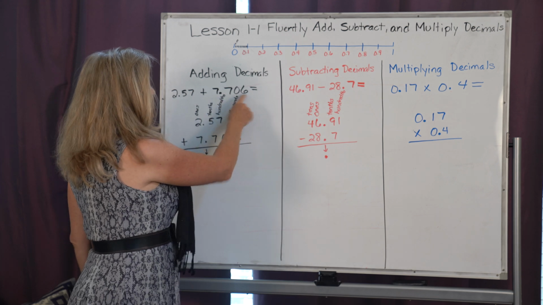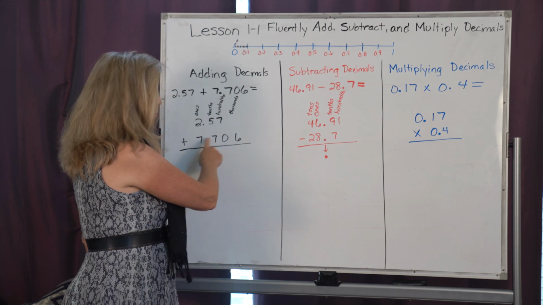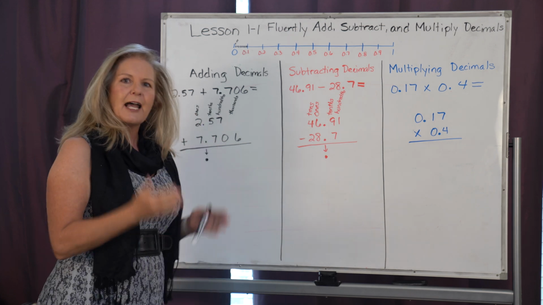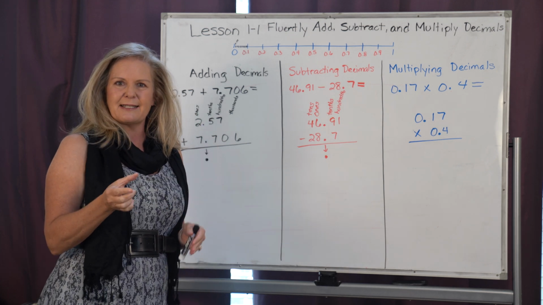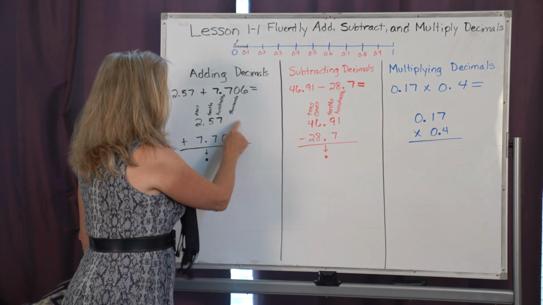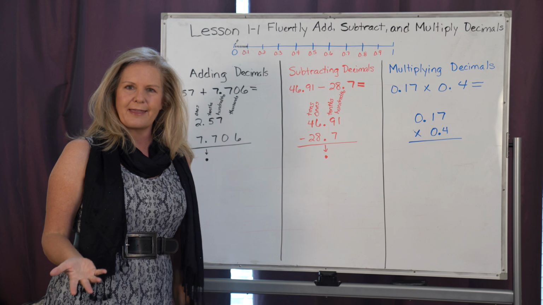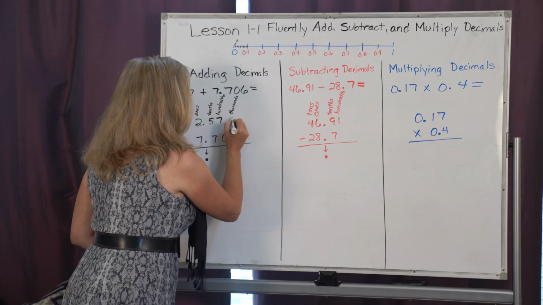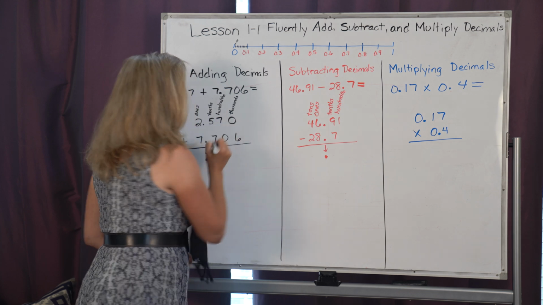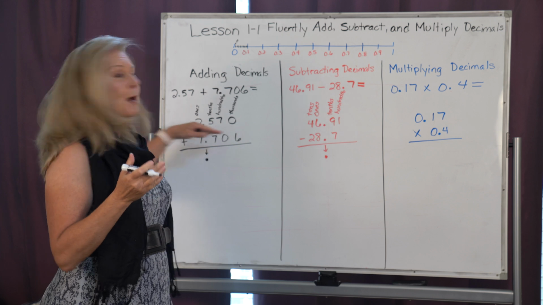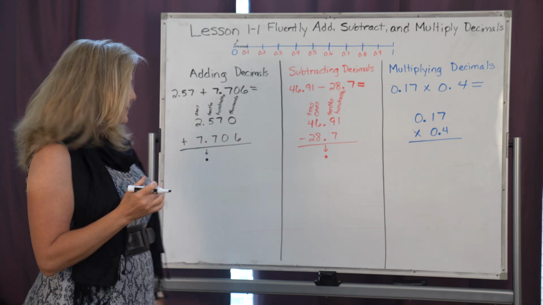Now my 706 thousandths, I can just write out to the right of the decimal point, and I'm guaranteed I've got correct size pieces being added to the same size pieces. Now notice I have a problem here because there's no number there. So what I do is something called annexing a 0. And I can just add a 0 there to make sure I have all the same number of digits that I'm going to be adding.